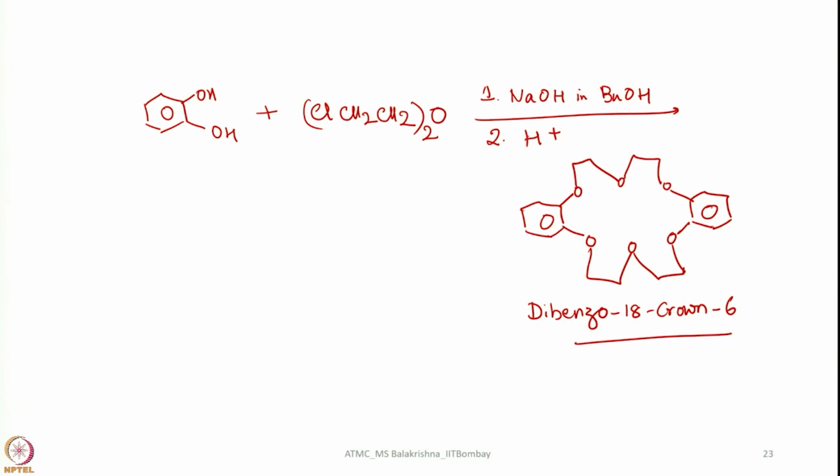Another important ligand among oxygen donors having cage type structure is called calixarenes. A typical calixarene I shall show you here.